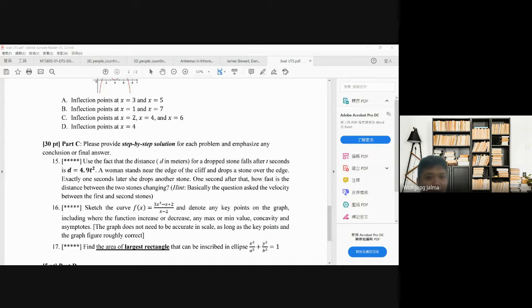For example, f(x) equals x. So what is the inverse of x?